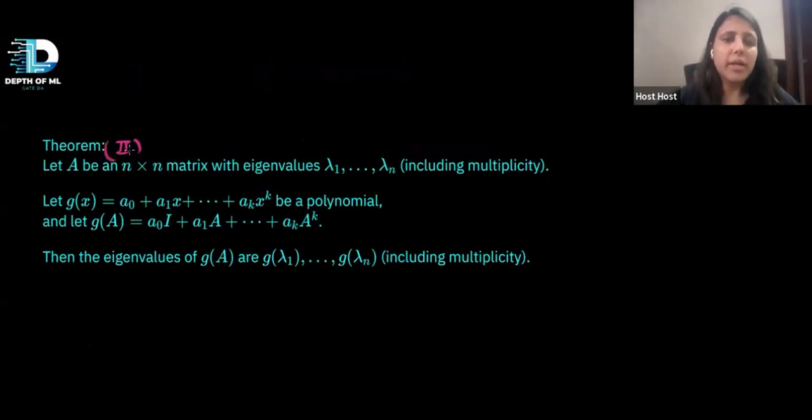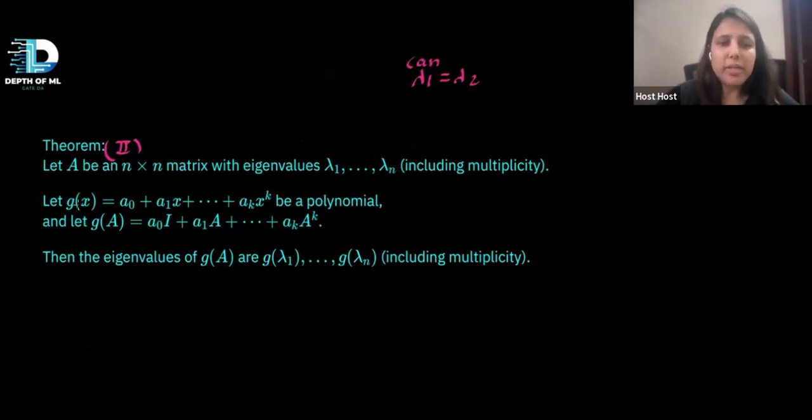It says that if you have an n cross n matrix with some lambdas, and their multiplicity is also included, it means that lambda 1 can be equal to lambda 2. So I have listed down all the eigenvalues.